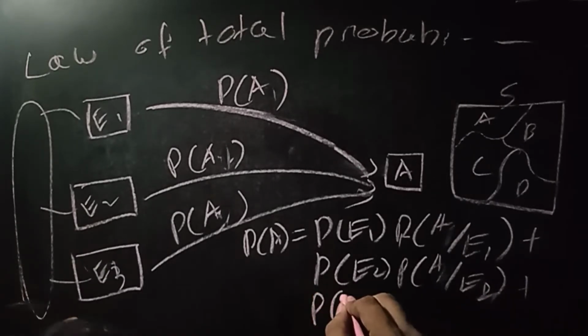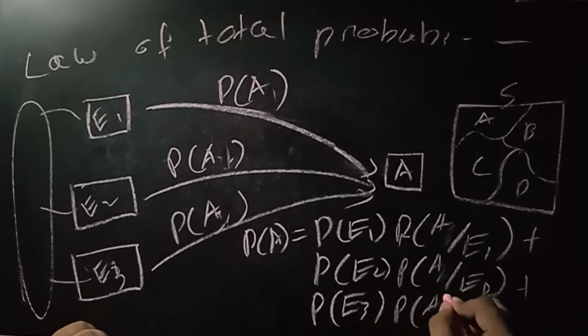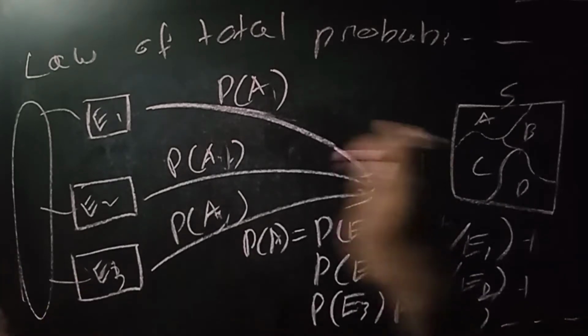This shouldn't be A1, A2, A3, just probability of A. Then plus P of E3 and probability of A when E3 is the sample space, and it goes on like that for any number of events.